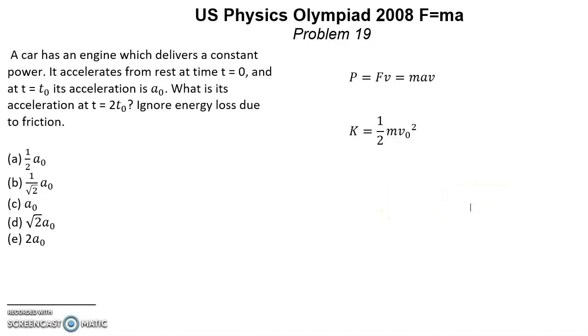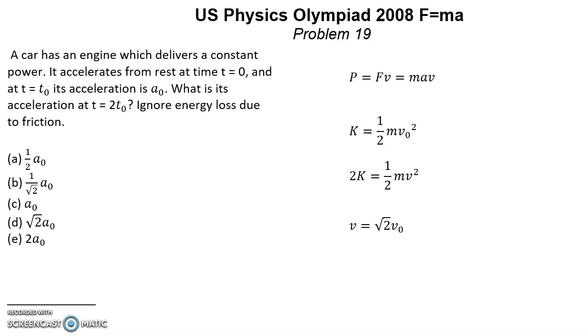So this is the expression for kinetic energy. This expression is good for time equal t0. At time 2t0, we have to double our kinetic energy, which is this one. And from here we can immediately say speed equals root 2 v0. This is how our speed increases with time.